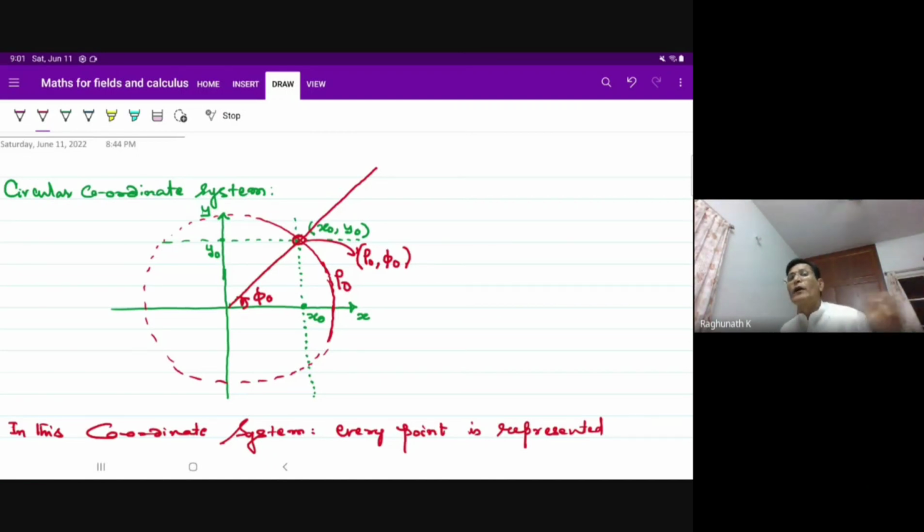Actually, this is because later on we could define the vector from any point to any other point.